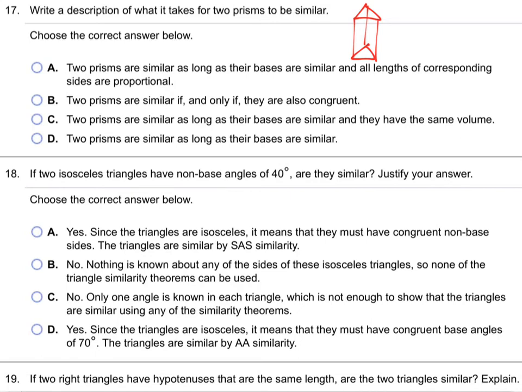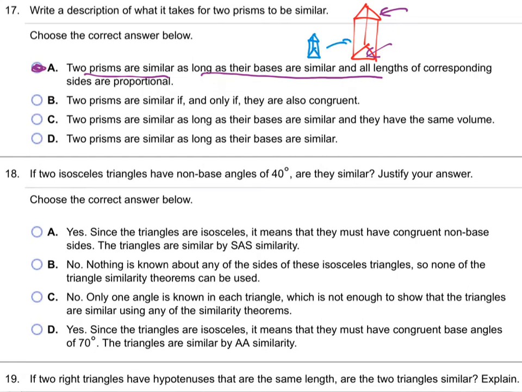So what's the story here? Yes, two prisms are similar as long as their bases are similar, right? The bases, the top and the bottom, would have to be similar, right? So like if you had a small triangular prism, and then over here, let's call that the big one, and I'll make a small one over here.